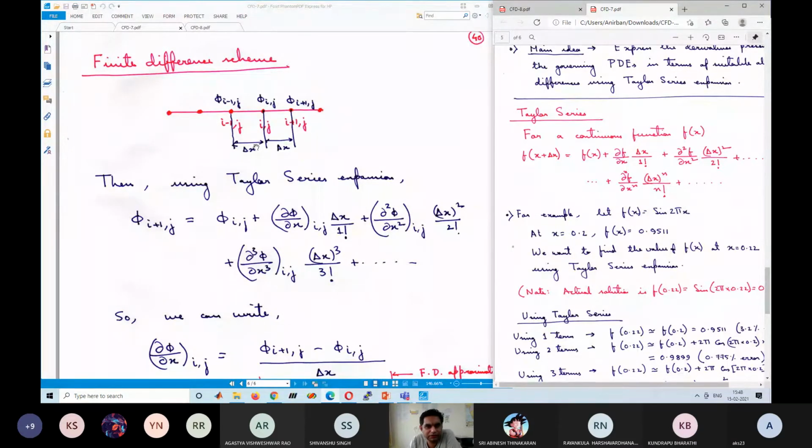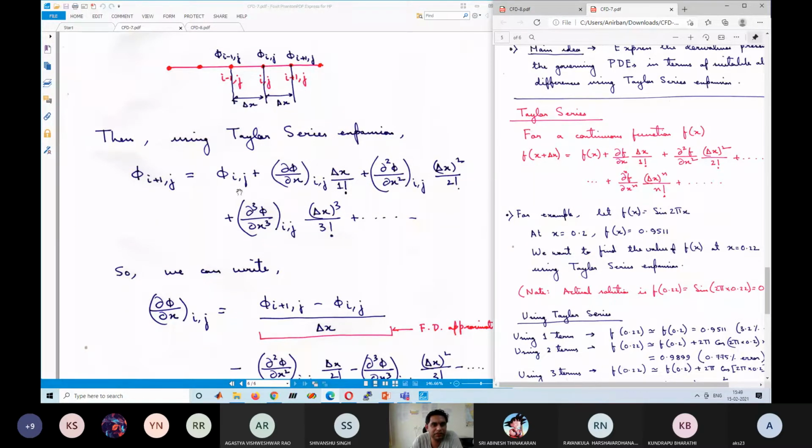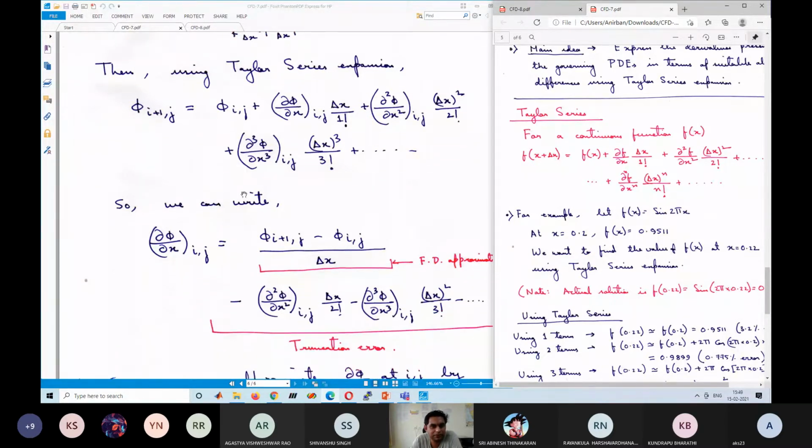Then the third term will be del cube phi del x cube at ij into delta x cube by factorial 3, and this goes on with higher and higher order terms. So this is the Taylor series expansion of phi I plus 1 j with respect to the point ij. All the values on the right hand side are for ij; there is no value for I plus 1 j. So everything can be calculated for ij.